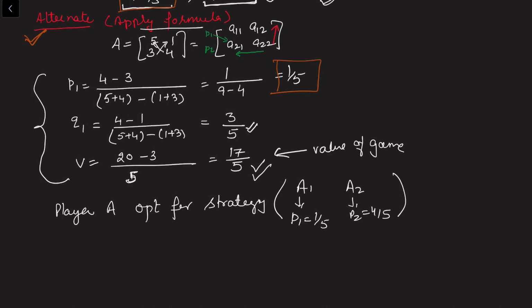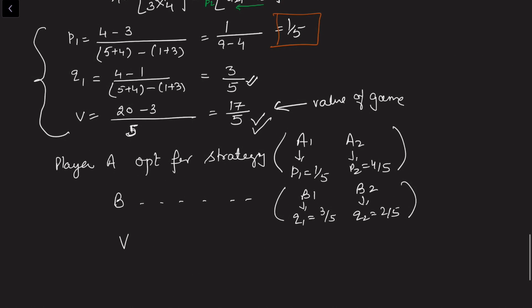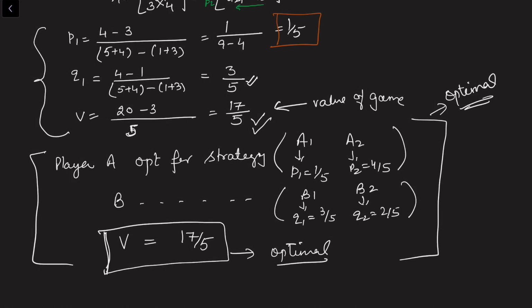This is the strategy for player A. B opts for strategy B1 with probability Q1 equal to 3 by 5, and for B2 this probability is 2 by 5. And both players will settle down on an optimal value of the game, and the value of the game is 17 by 5. This is the final optimal answer for this particular game. And why do we call this optimal? Because they both settle down at one particular value of the game. That is why we consider this the optimal strategy. These are the optimal probabilities for which they will settle down.